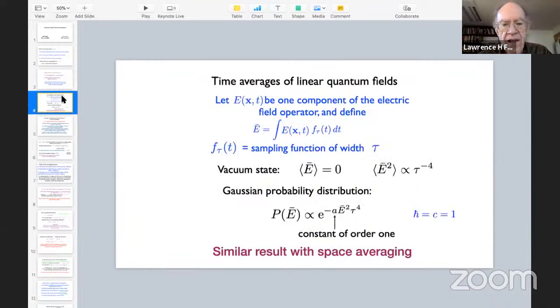Okay, so let's first back off for a moment and talk about fluctuations of linear operators, like the electric field operator, for example. So first of all, before we can discuss fluctuations of a local operator, we have to average it in either space or time. Because in fact, as we'll come back to, if you look at the operator at one space-time point, its fluctuations are not well defined.